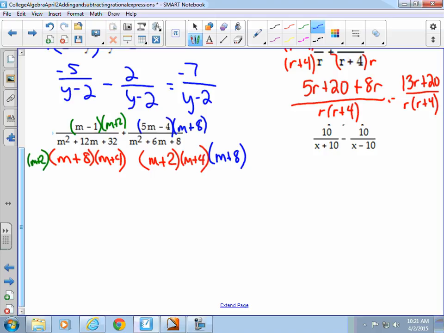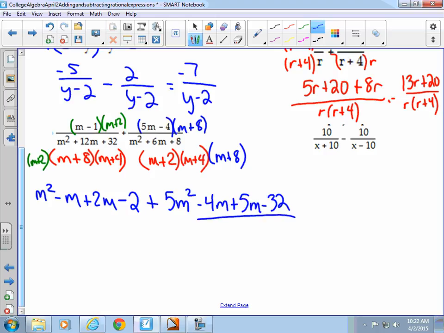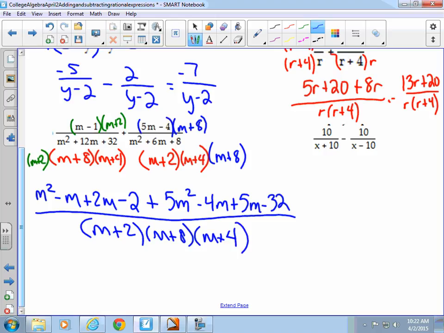How do you multiply n minus 1 times n plus 2? Foil. Good. We gotta distribute those. So we get... remember, you only write the denominator one time on the bottom.